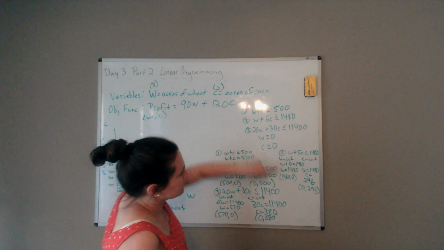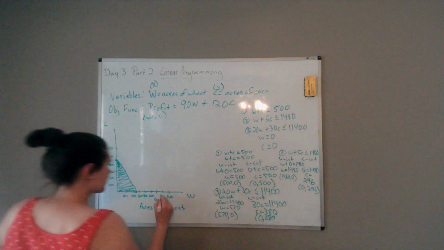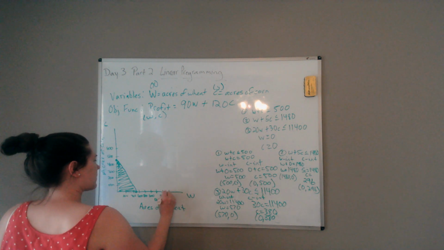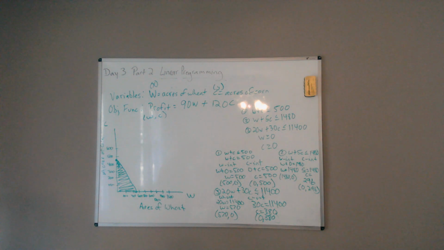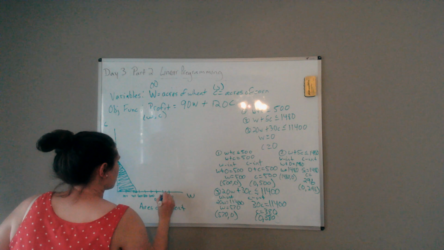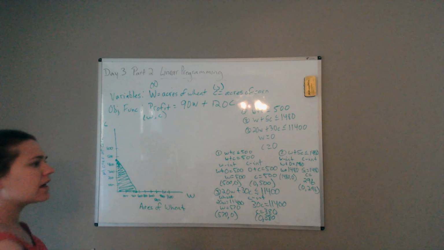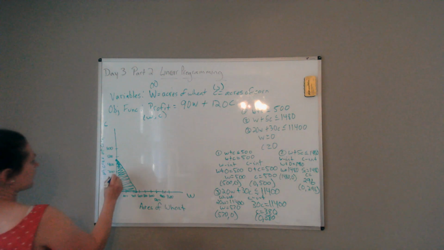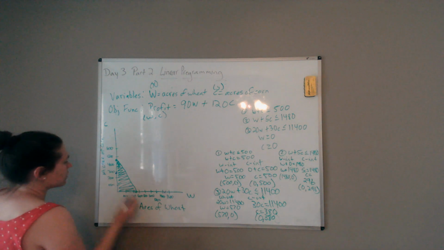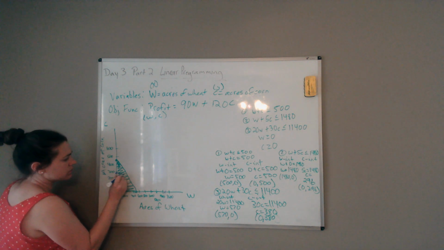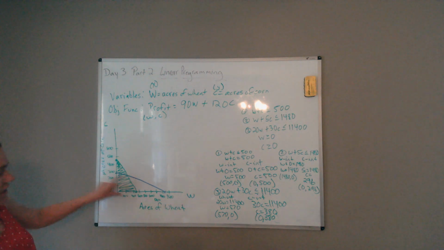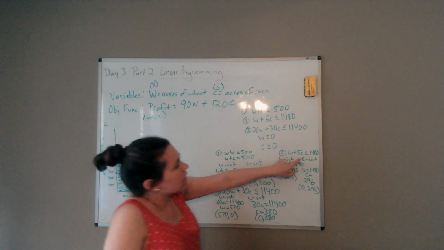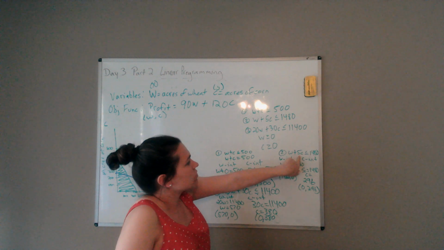Now, number 2, the W-intercept is 1480, so over here. Oh, and it's not. This marker is dead. 1480. And the C-intercept is 296, so right about here. So if I connect those, okay, now for this second inequality, this one had to do with the labor.